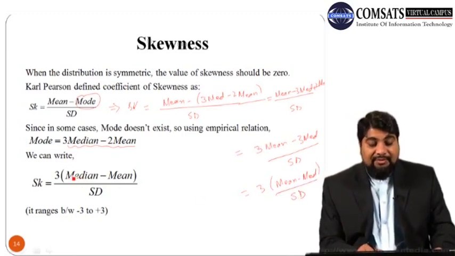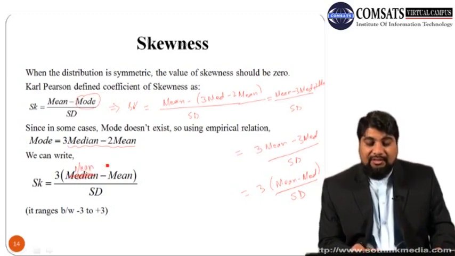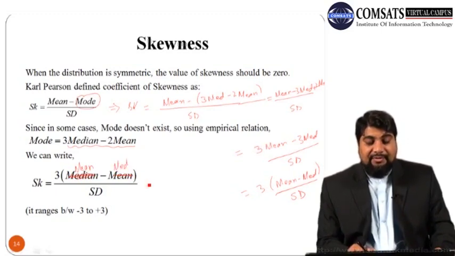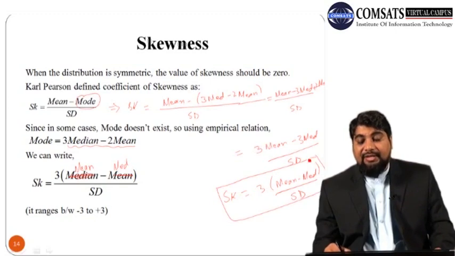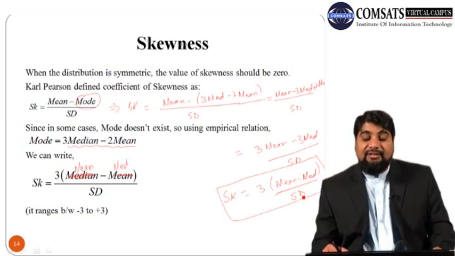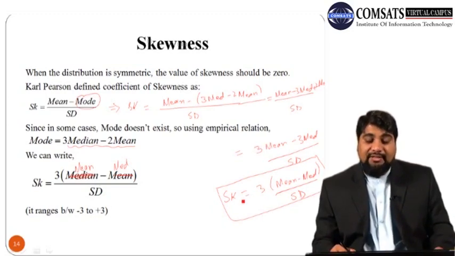So this is the general formula. If we have the value of mean and median, just divide this difference by the standard deviation and multiply the result with 3. So we will get the skewness.